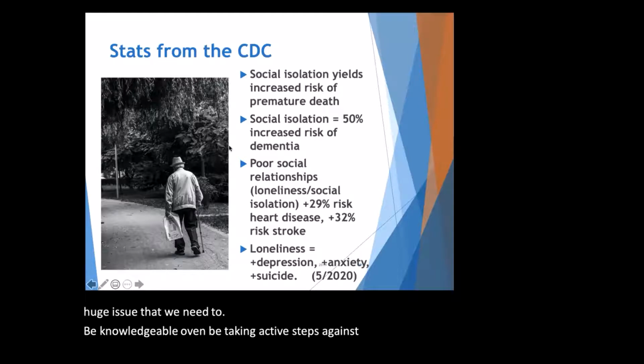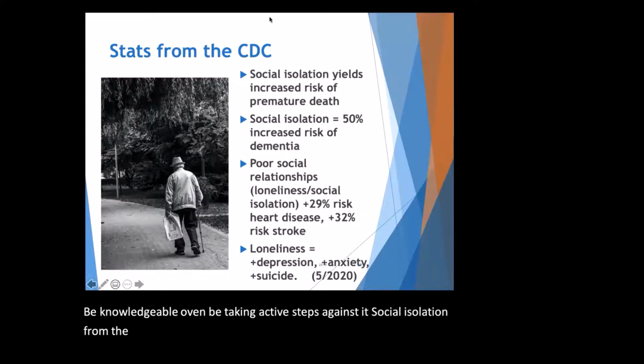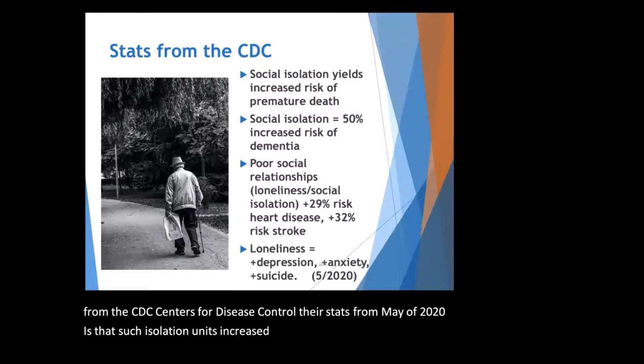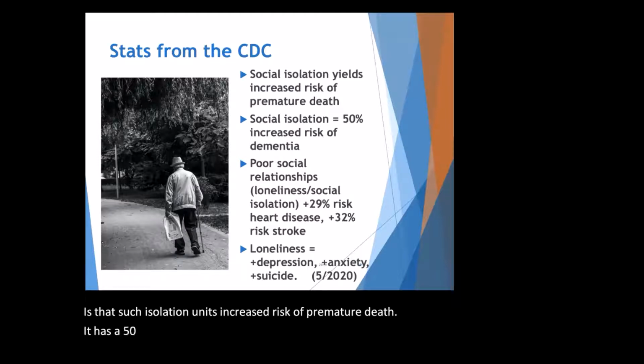Social isolation, from the CDC, Centers for Disease Control, their stats from May of 2020, is that social isolation yields increased risk of premature death. It has a 50% increased risk of dementia. That is huge.